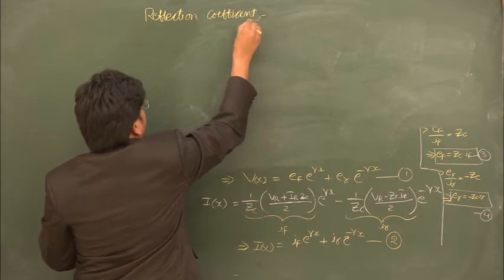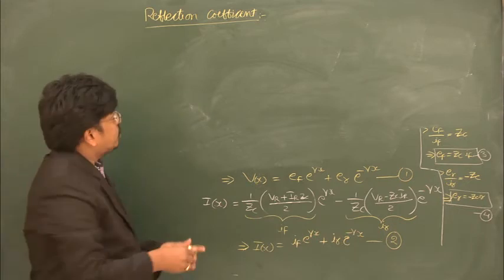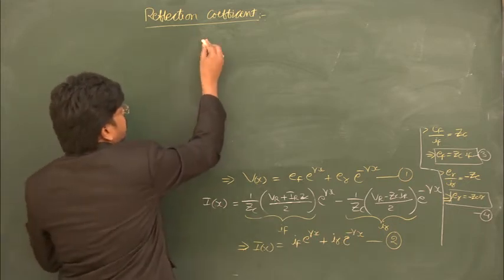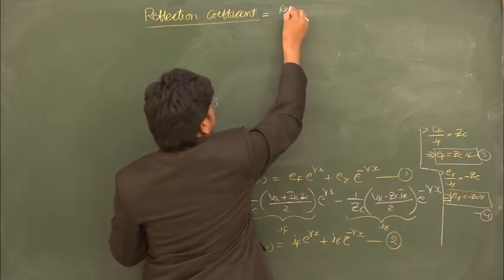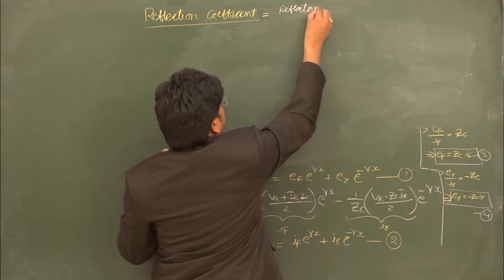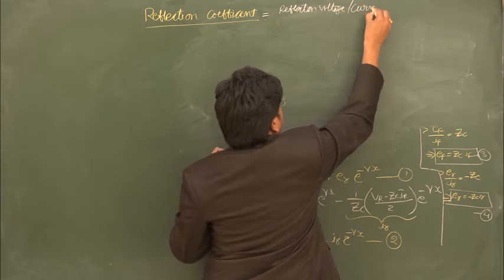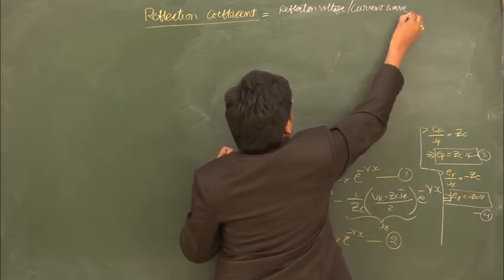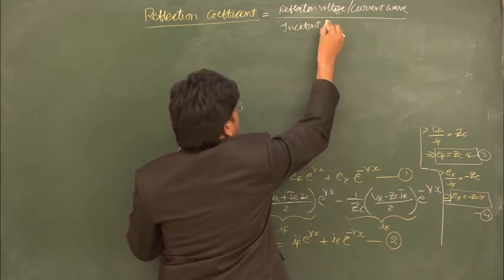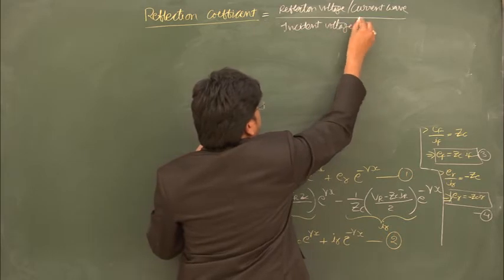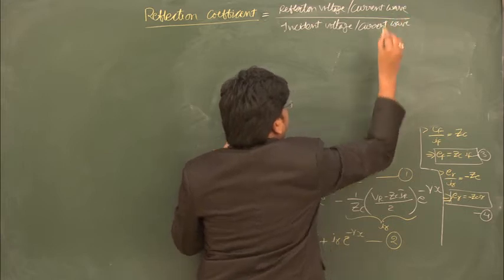Now first we have to derive the reflection coefficient. So first, what is the reflection coefficient? The reflection coefficient is defined as the ratio of the reflected voltage or current wave to the incident voltage or current wave.